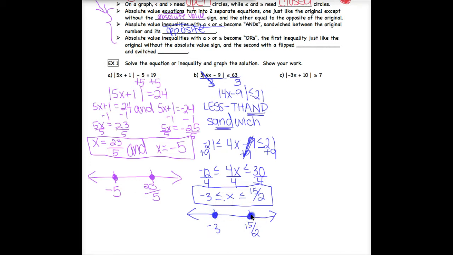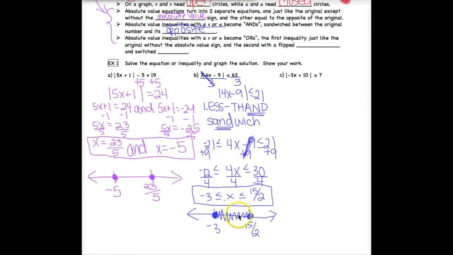So it starts off the same, but now I need to shade. If I'm saying x is between those two numbers, I should shade the space between. You could test this. If you pick a number between negative 3 and 15 halves and plug it in, it should work. If it doesn't, you know there's something wrong, either with your solution or with your shading.